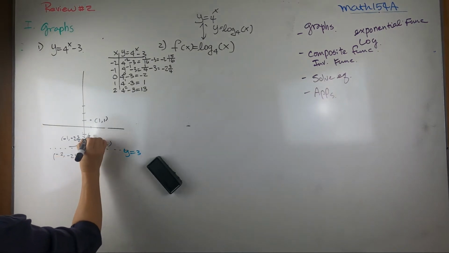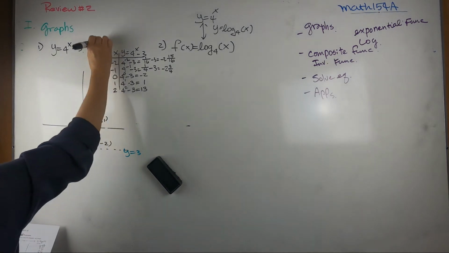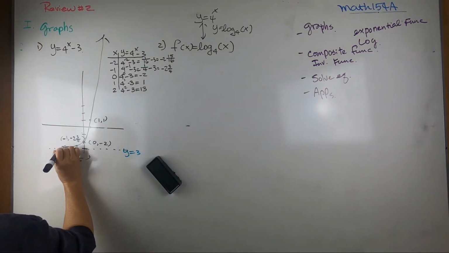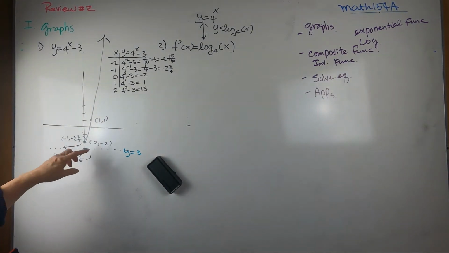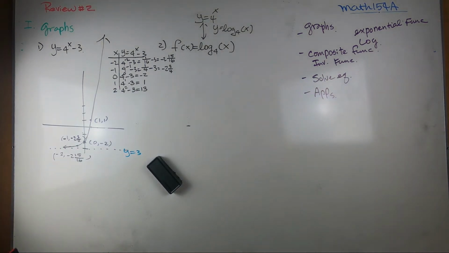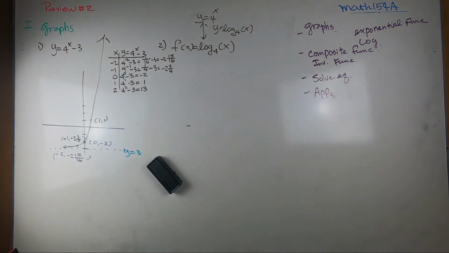So your curve would be like this. Then it's getting close. When you graph on the test, don't go over y equals negative 3, right? Because it's bounded by it. So this is just your regular exponential function, but shifted down 3.